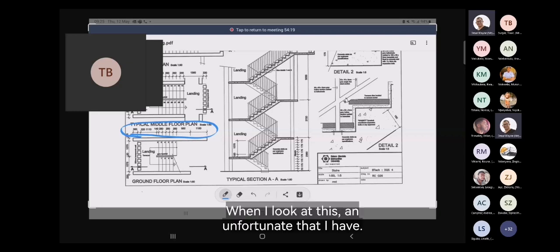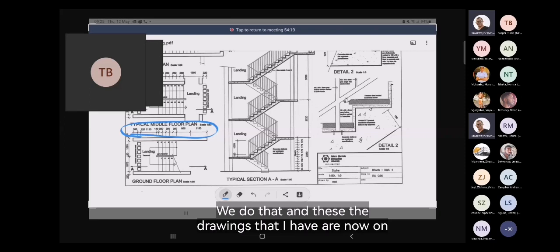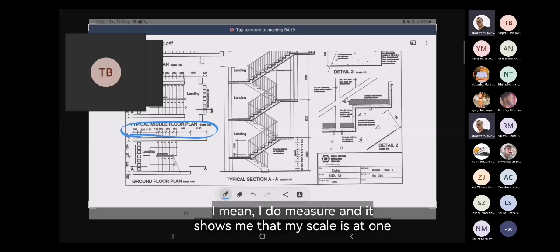When I look at this, I'm fortunate that I have a drawing in front of me, and I also have a scale ruler with me. The drawings that I have are on A3 size, and when I measure, it shows me that my scale is 1:50.